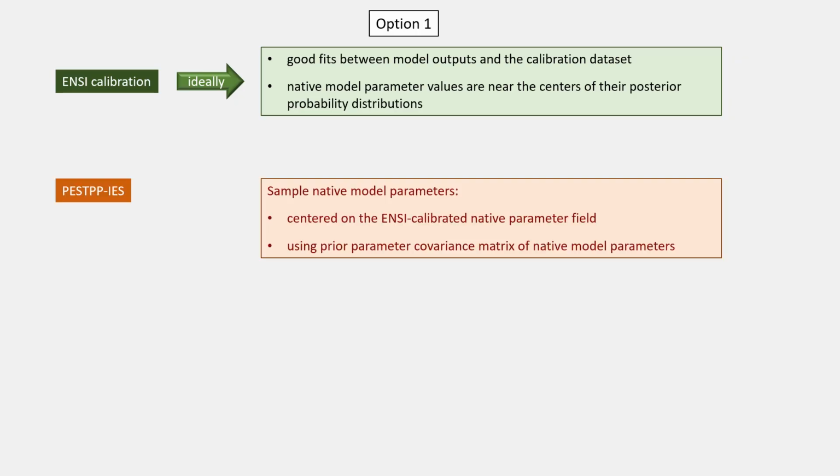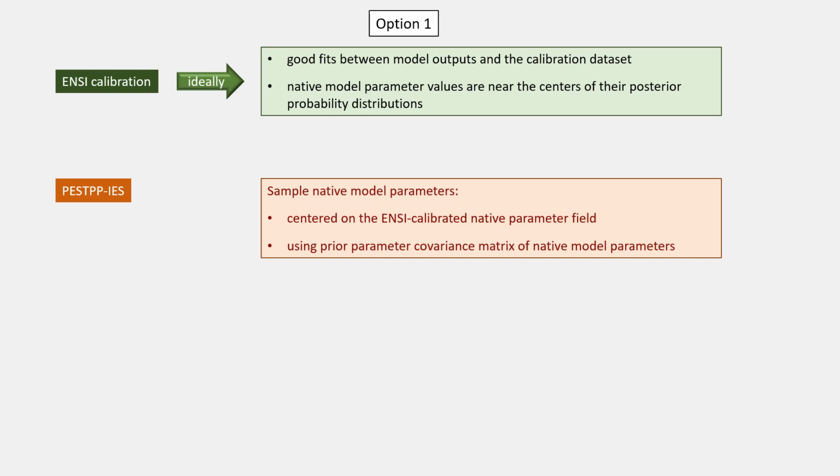So now we use PEST-PP-IES, but we've given PEST-PP-IES a head start. We give PEST-PP-IES a covariance matrix that encapsulates the prior probability distribution of native model parameters, but we tell it that when it's generating random samples from the prior parameter probability distribution, to center those samples on the parameters that ENSI gave us.